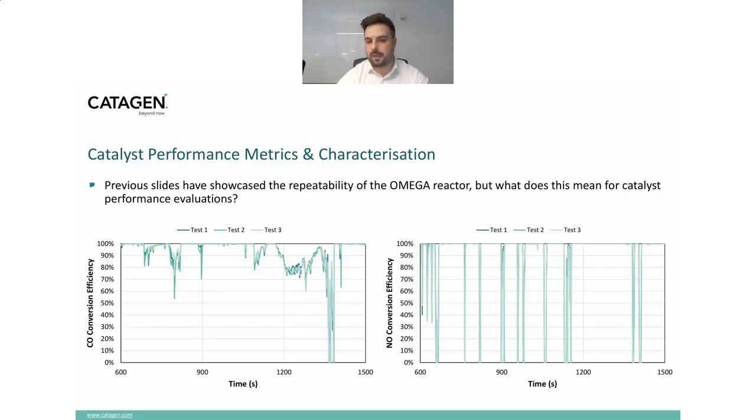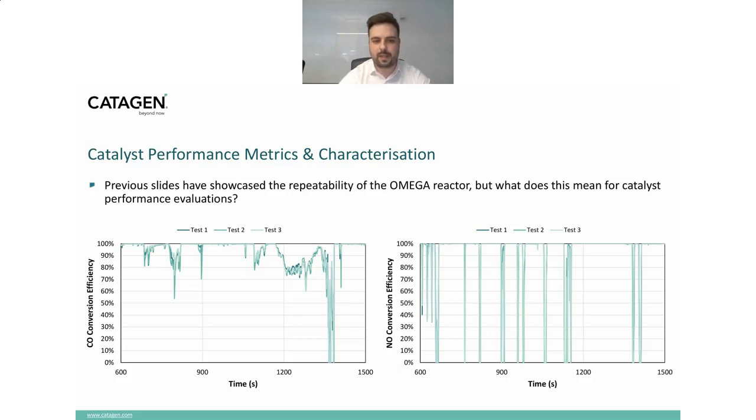Again, similar story to what we had seen previously, where we effectively see three very closely matched profiles in terms of conversion efficiency throughout this 15-minute window. Again, showing this just to get a bit more granularity and allow a bit more insight to be gathered from the test data. I think it's quite difficult to show the lack of variation between test sample sets when we have a 30-minute test window, so the 15 minutes just allows us to get a little bit more insight.